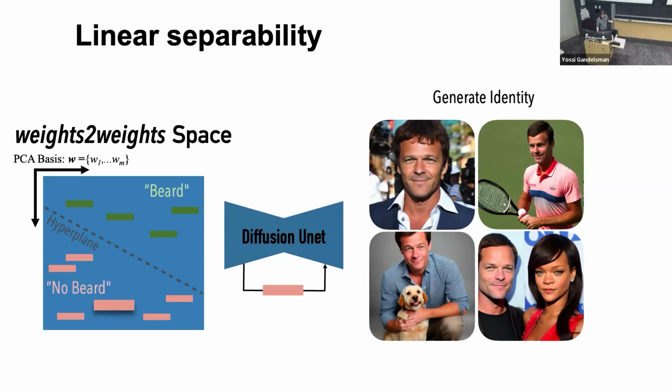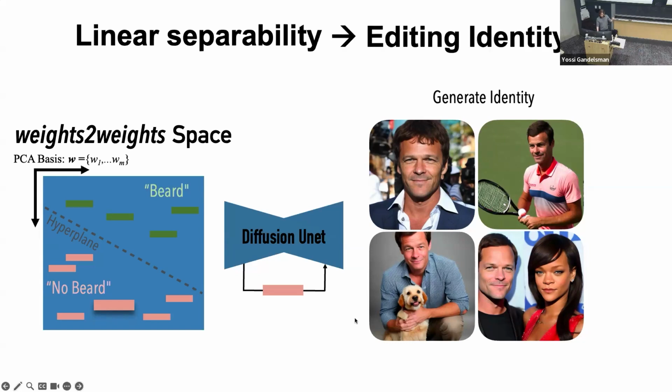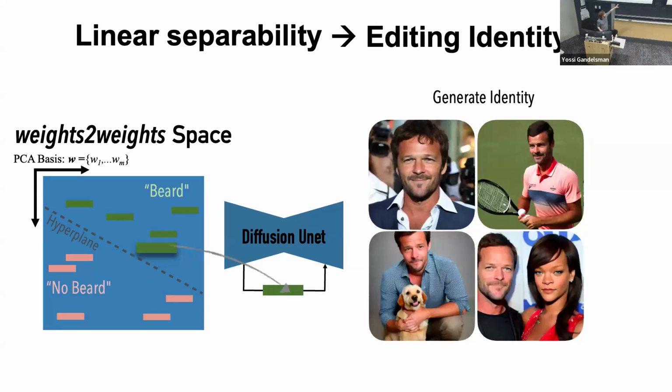But not only that it will work, you can take a model that generates an identity that doesn't have a beard. And now you can edit. You can move it in the direction that is orthogonal to the hyperplane and cross this hyperplane. And when you put back the weights into the model, now you get almost the same person, but now it has beard, right?